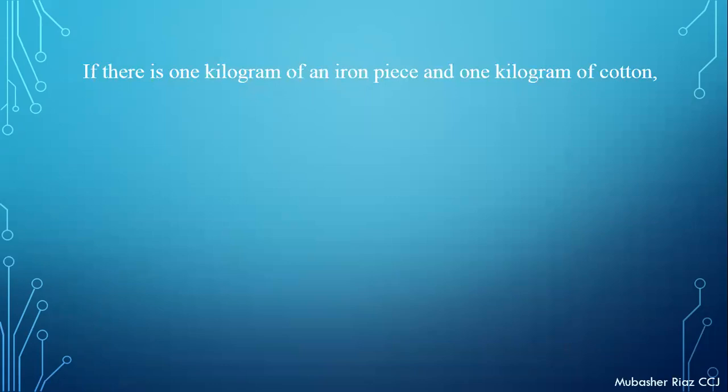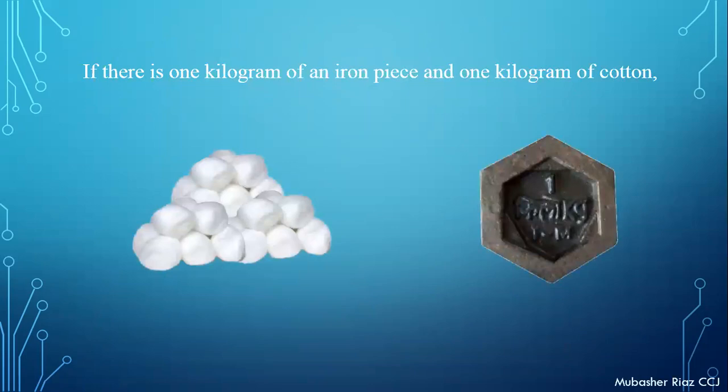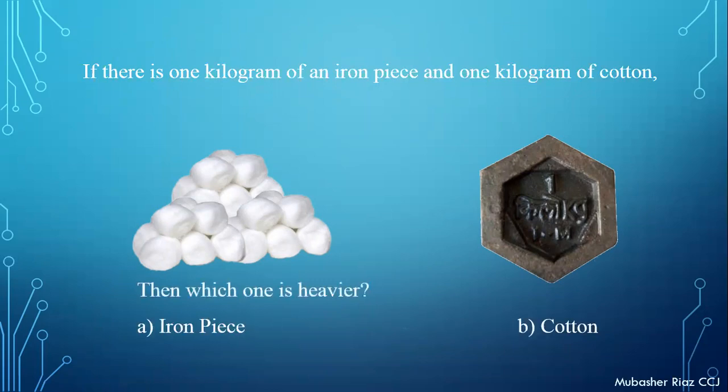Suppose there is 1 kilogram of an iron piece and 1 kilogram of cotton. These are two substances and they have the same mass. So which one is heavier, the iron piece or the cotton? Since they have the same mass, they differ only in volume. With respect to their volume, we can describe their density.